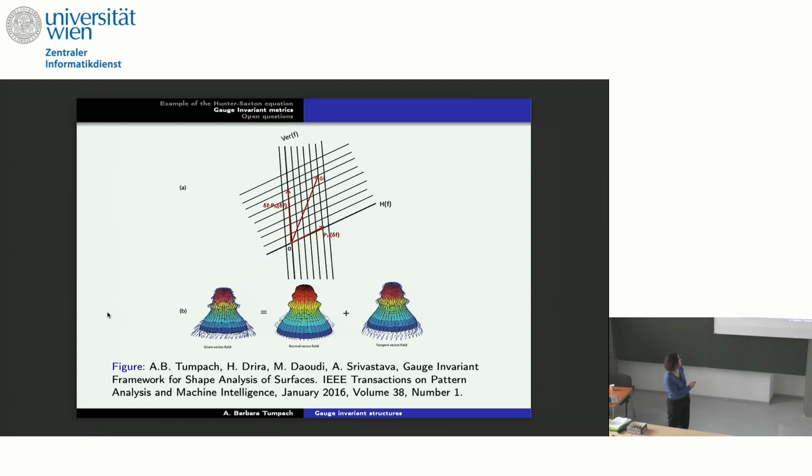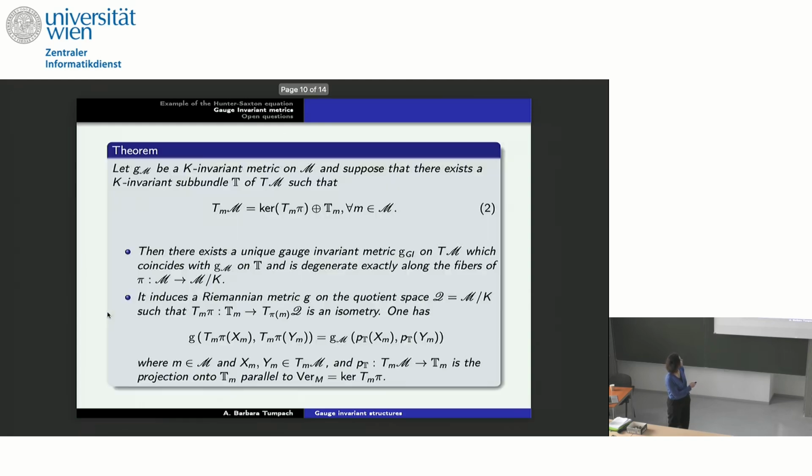This is an example, but perhaps before I go to this example, I give you here. So suppose you have a decomposition like this. The tangent space to M at a point decomposes into the vertical direction, which is the kernel of the differential of the projection, plus a transversal.